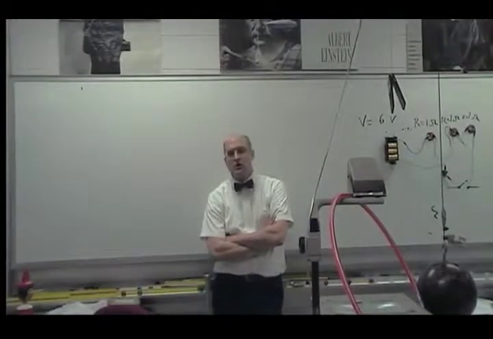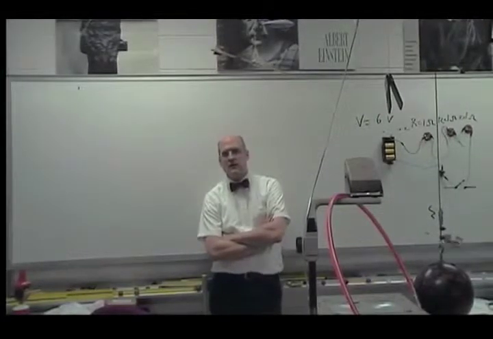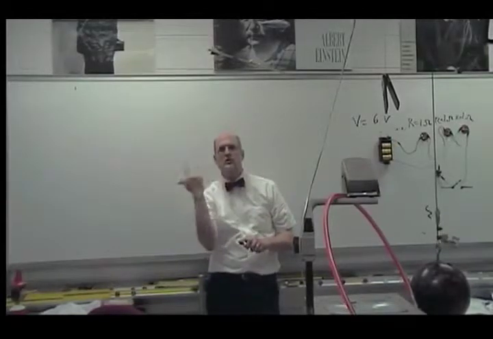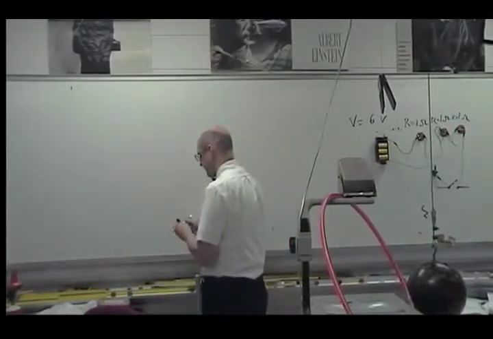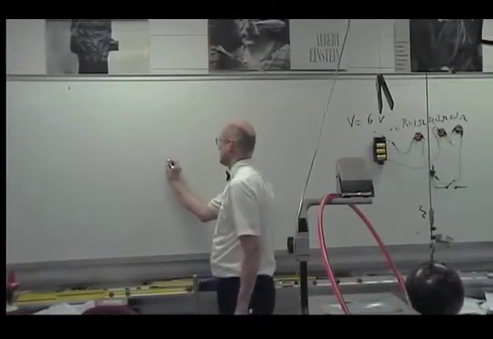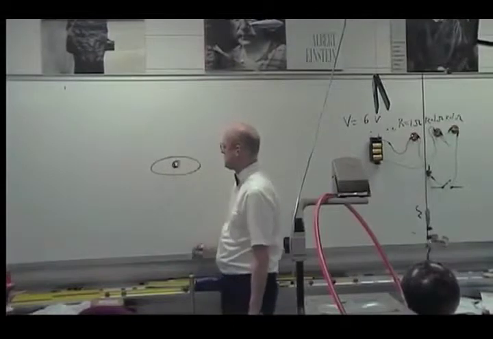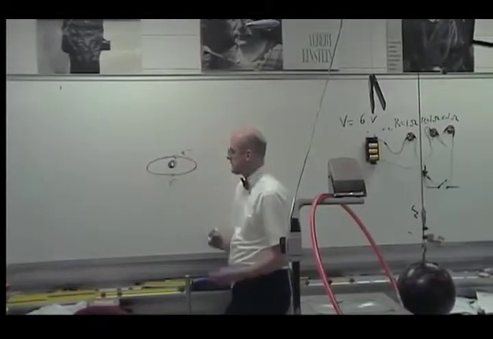So really, the smallest magnet that you can have is the atom. Right? So imagine an electron going around the nucleus of an atom. Here's the nucleus. And let's say the electron is going around like that.